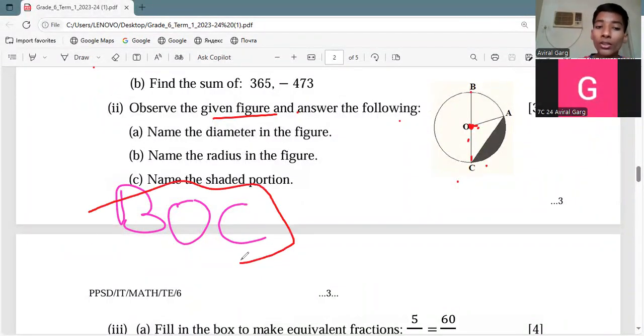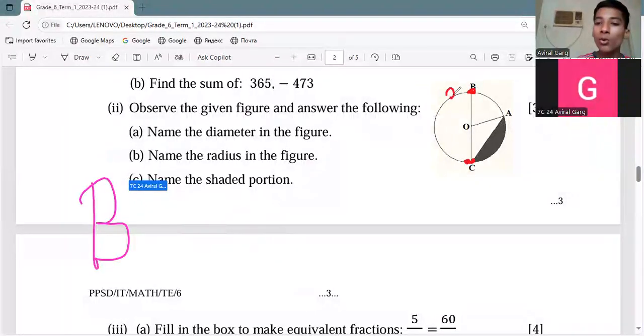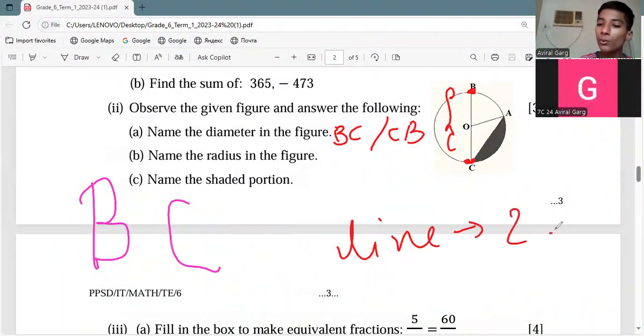We do not name a line with 3 letters, so BOC will be considered wrong here, because we name an angle with 3 letters, but a line should always be named by its 2 endpoints. One endpoint is here and one endpoint is here, because this whole part is the diameter. You can write BC as well as CB, both will be accepted.